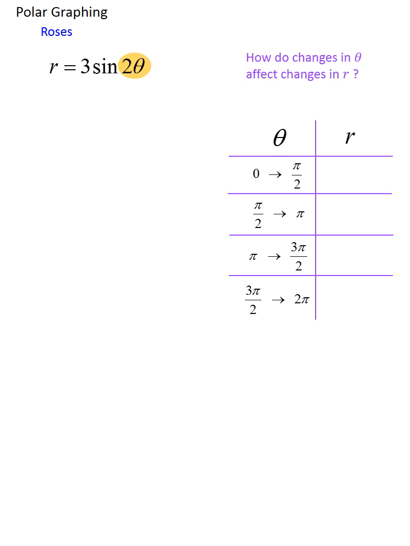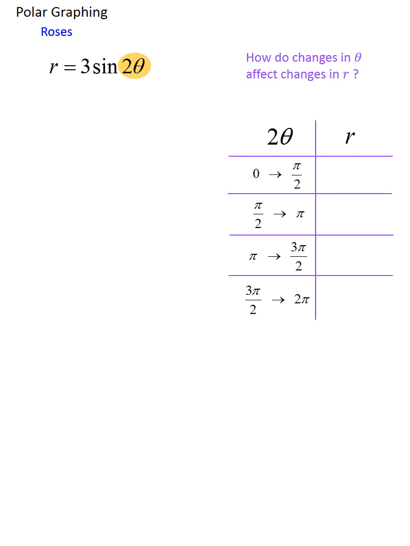Here's the logic. We want to know what the argument of the trig function being in different quadrants has on r. We're less interested in theta being in the particular quadrants as we are analyzing what happens when 2 theta runs through each quadrant.